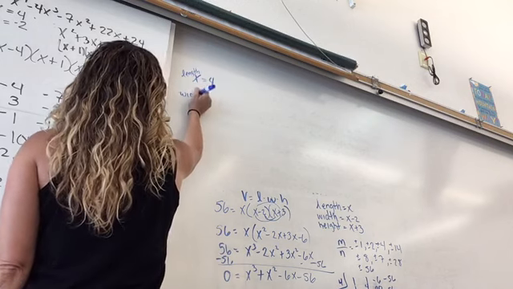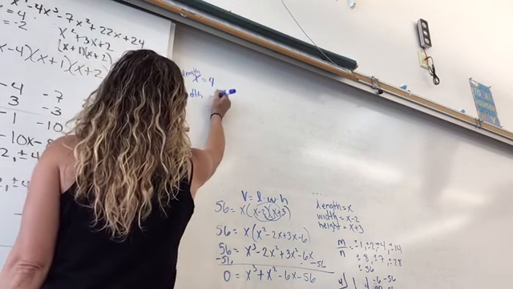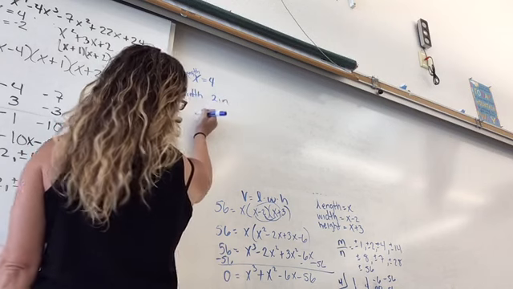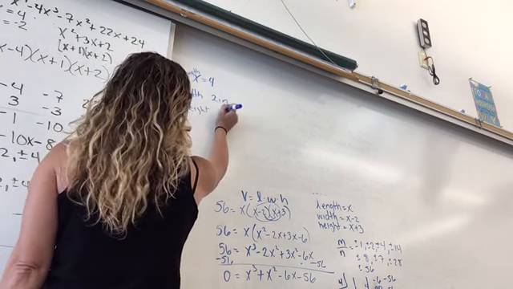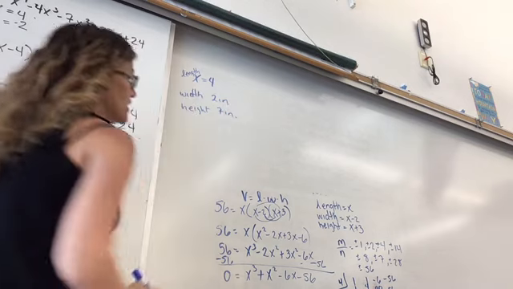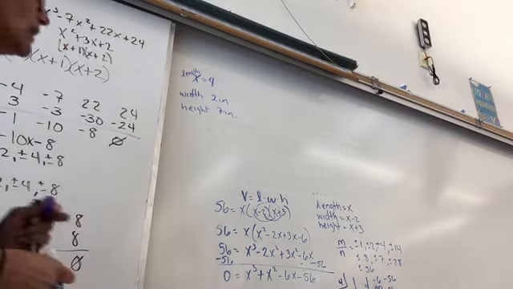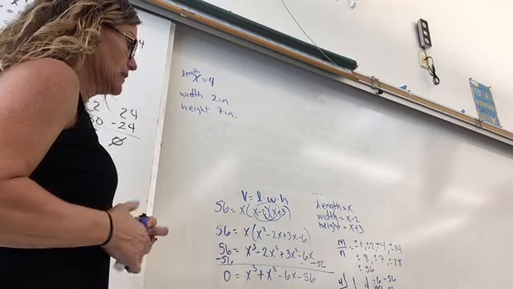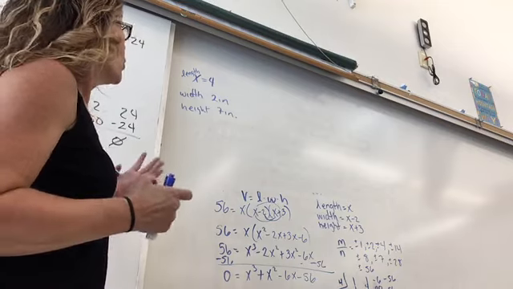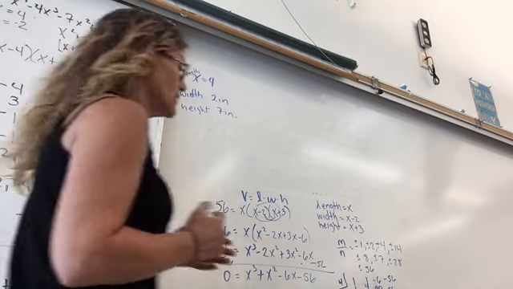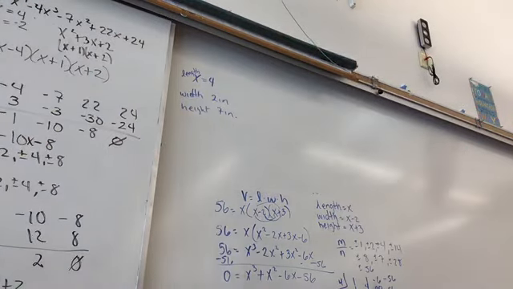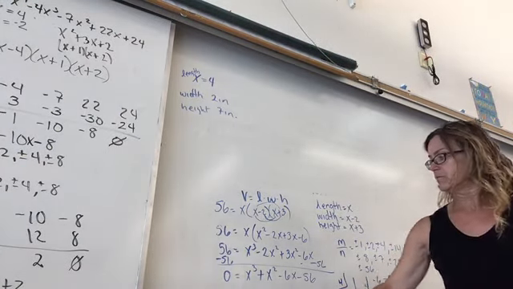The width, it said, was 2 inches less. So the width would be 2 inches. And the height is 3 inches more, which means the height would be 7 inches. We're done. We found the dimensions, the length, the width, and the height of the box, and we're finished.